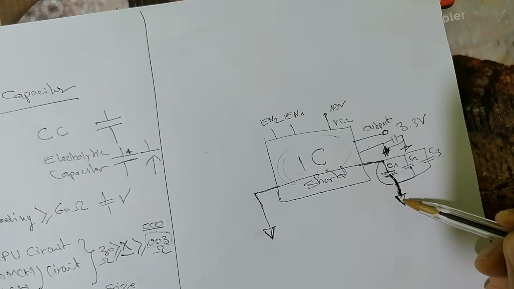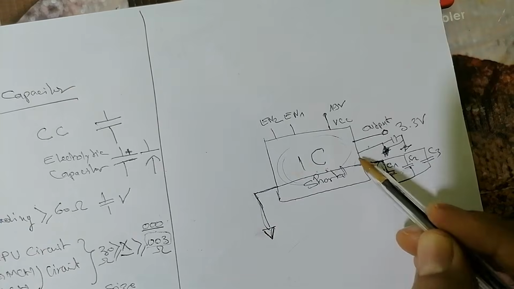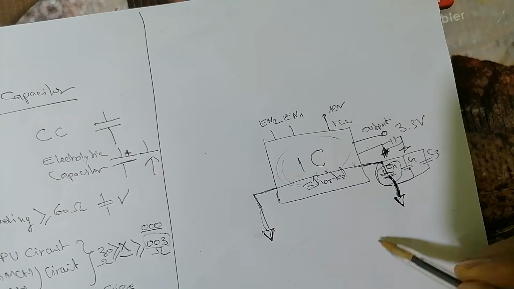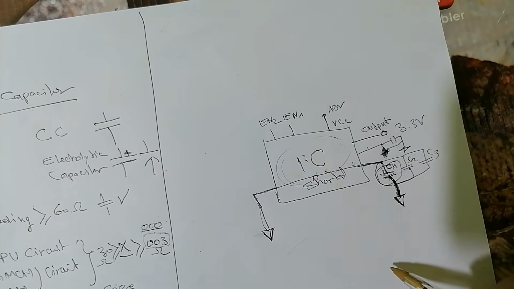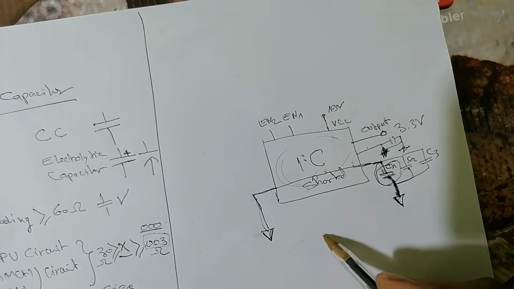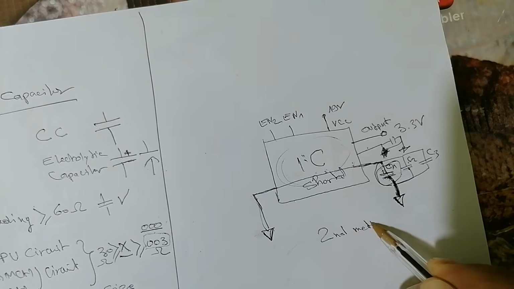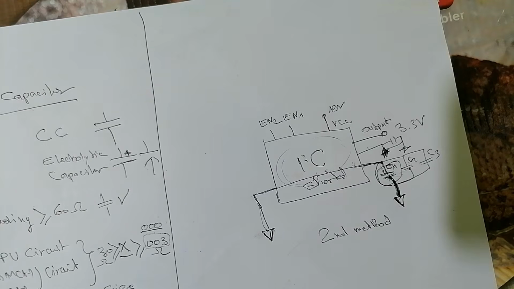Do you see? Here we have ground and here we have ground, because the ceramic capacitor is connected to the IC. That's why we find this one shorted, but the shorted one is the IC, not the ceramic capacitor. So basically this is the second method that I use to check whether the IC is bad or not.